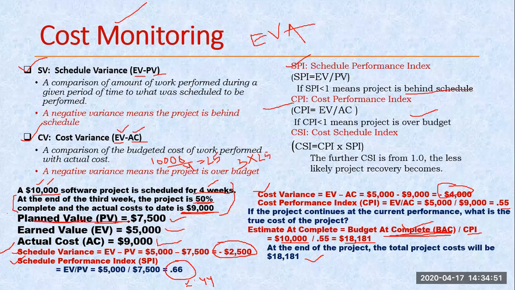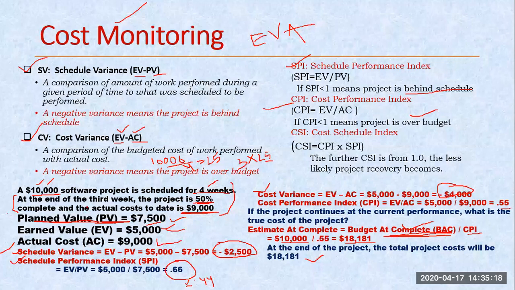So as per my plan, we should have spent only 7500. But as per this scenario, how much of the task had we completed? We had completed only 50%. So 50% means 2500 for 1 week, and 2 into 25 becomes 5000.